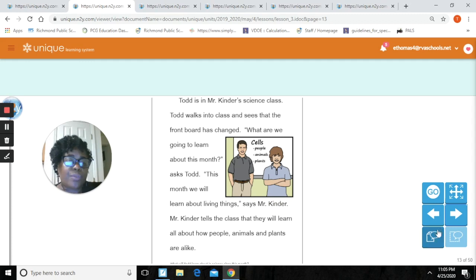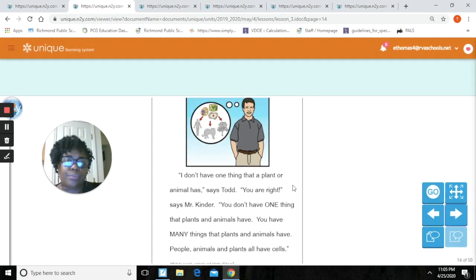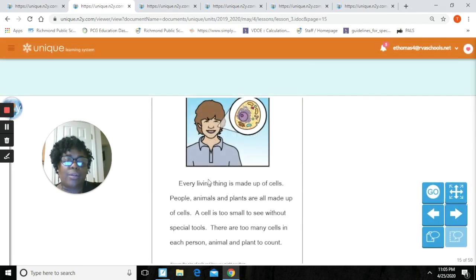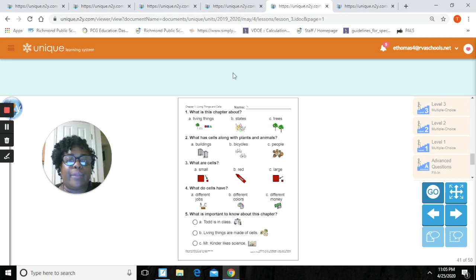So now what was this story about? We talked about how people, animals, and plants all have what? Cells, right? And then we also talked about how every living thing is made up of cells. So let's see what our choices were again. What is this chapter about? Living things, states, or trees?